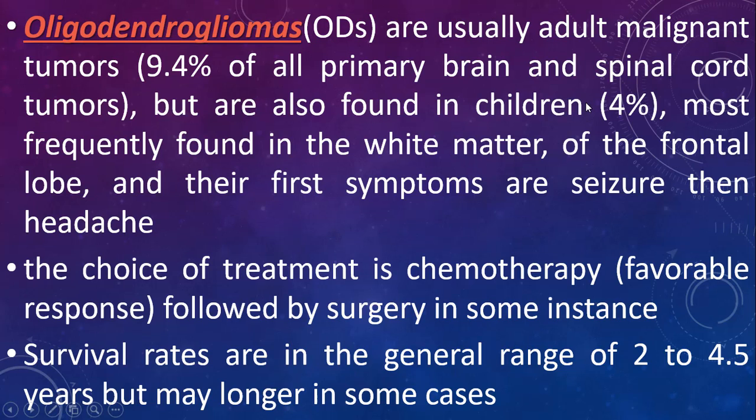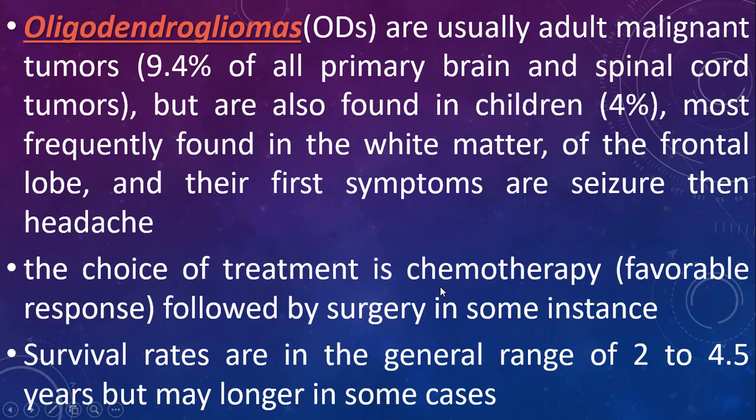Oligodendrogliomas, ODs, are usually adult malignant tumors, representing 9.4% of all primary brain and spinal cord tumors, but are also found in children, representing 4% of all primary brain and spinal cord tumors. They are most frequently found in the white matter of the forebrain lobe, the frontal lobe, and their first symptoms are seizures, then headache.